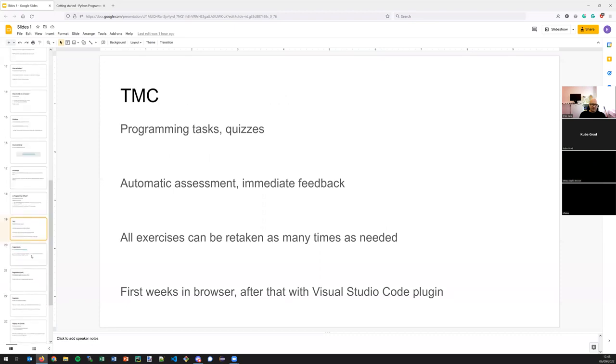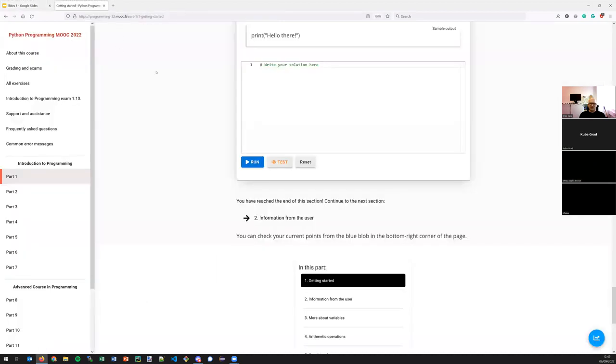Okay, we talked about the TMC environment. This MOOC.fi is using this TMC platform. Something important is that, as I said, for the first 3 weeks, it's not necessary to have any external editor, or to install Python on your own computer.